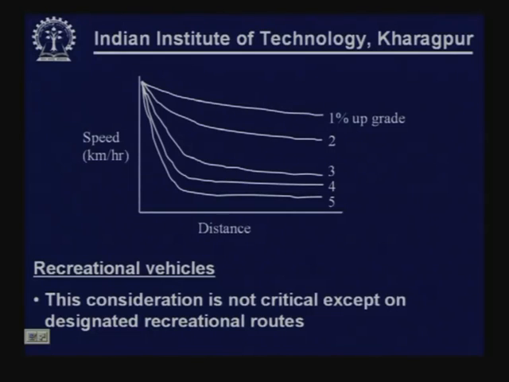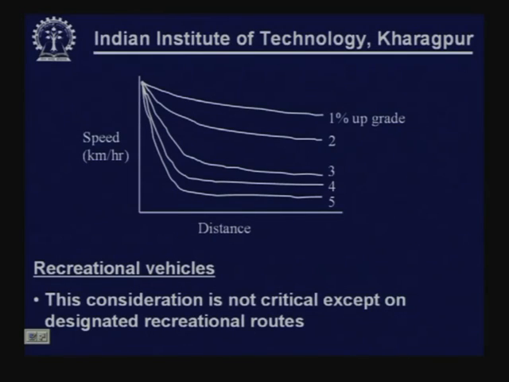Look at the graphs. Here it is shown how, at various longitudinal grades, the speed is reduced over distance. It is clearly observed that the more the grade, the more the reduction in speed, and the speed generally reduces more as the distance is more.